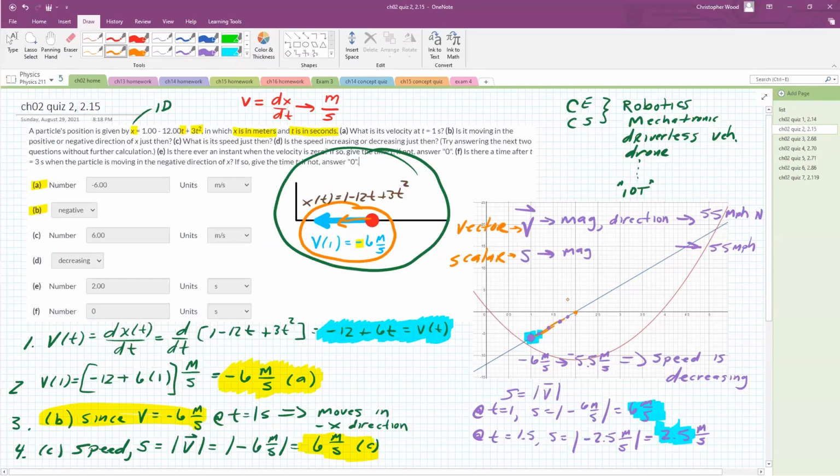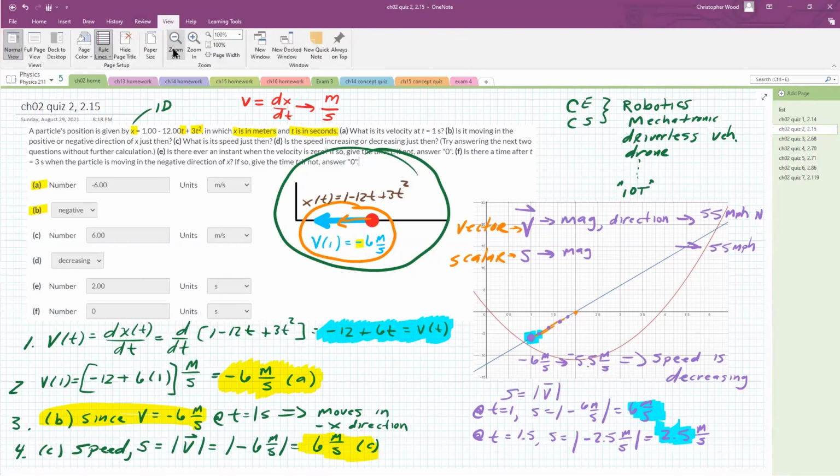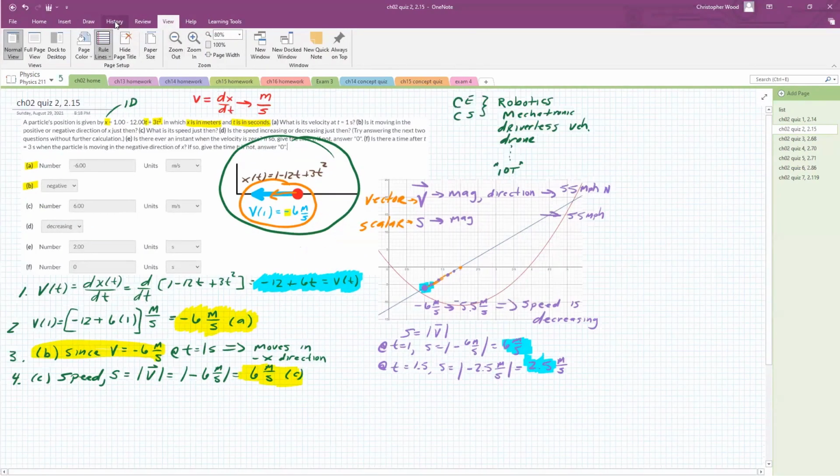Part E says, actually, let's see, C, D. Let me shrink this. We should say something about what we just chatted about.